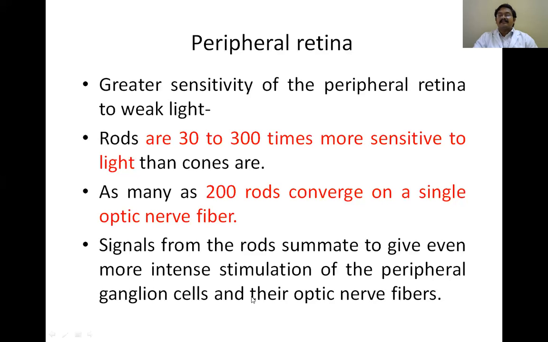The signals from these rods give an even more intense stimulation of the peripheral ganglion cells and their optic nerve fibers, because of the 30 to 300 times greater sensitivity to light and the convergence of 200 rods on a single ganglion cell. A single retinal ganglion cell will summate and give intense stimulation of the peripheral retina, even at low light.